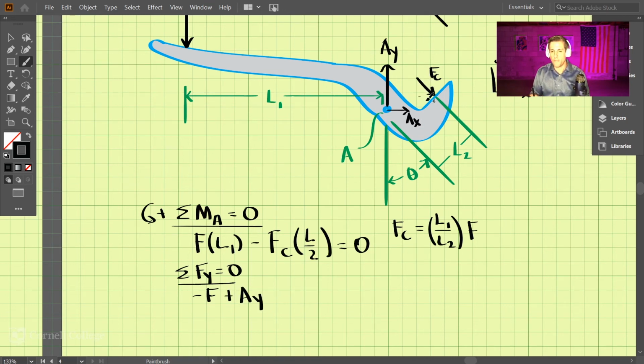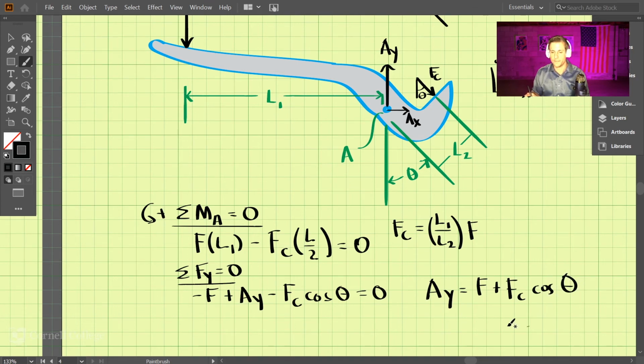And then we have a component of FC, and actually that will be negative FC. And the component of that, if this is theta here, is FC cosine theta, equals 0. So solving this, we have AY is equal to F plus FC cosine theta.